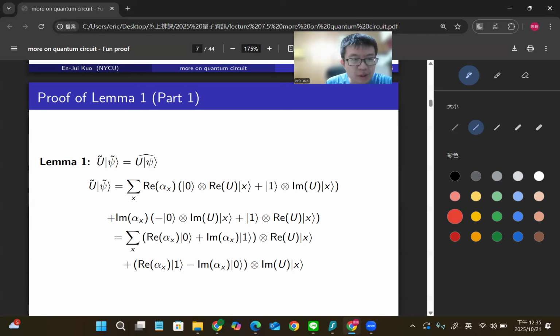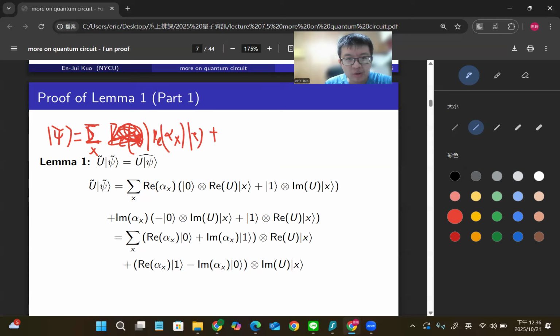Let me just write it outside. So psi tilde is this. When we do the computation, we can neglect the x because we know it's linear. So we have alpha x real part 0 plus imaginary alpha x 1, tensored with x.